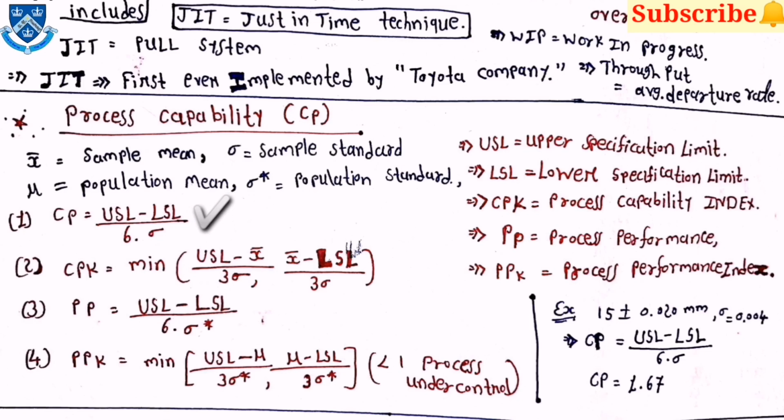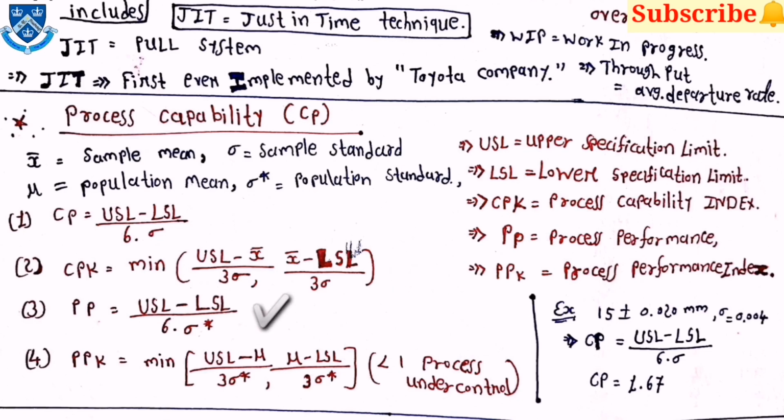First one is Cp is equal to USL minus LSL upon 6 into sigma. Then CPK is equal to minimum of USL minus x bar upon 3 into sigma, or x bar minus LSL upon 3 into sigma.